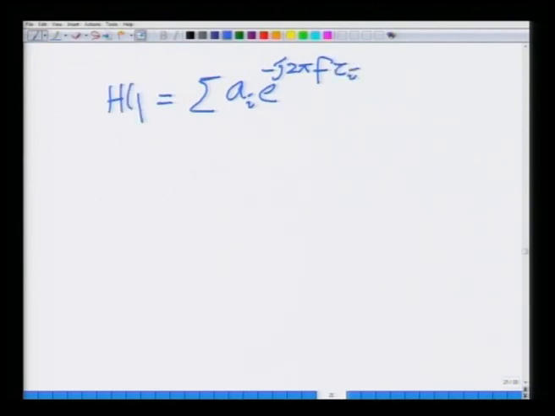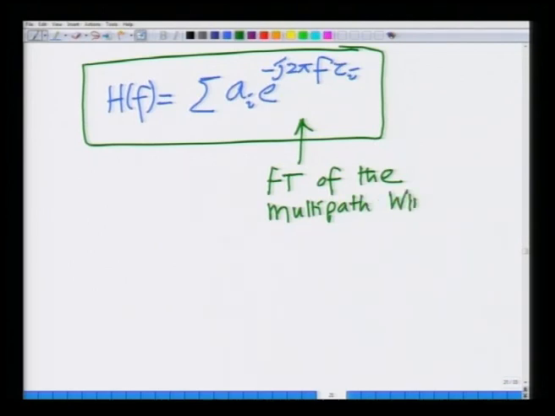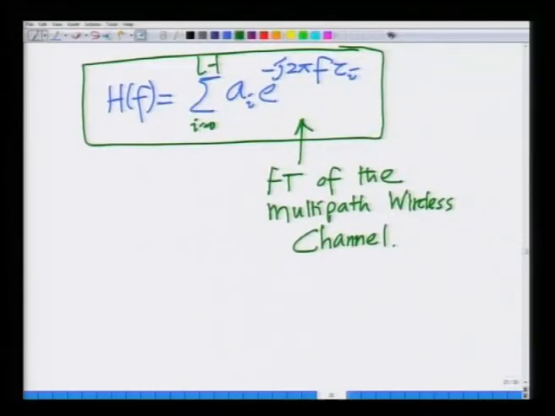This is the Fourier transform of the multipath 3G, 4G wireless channel.